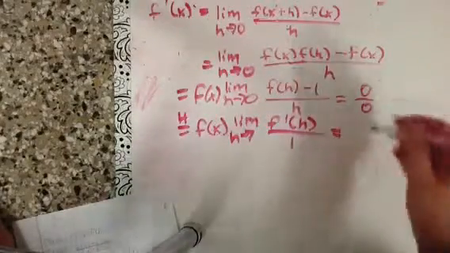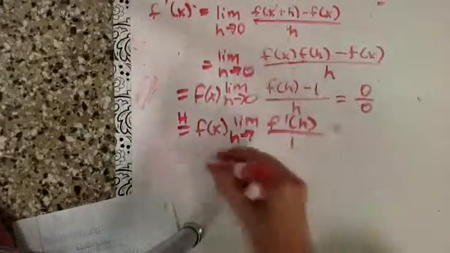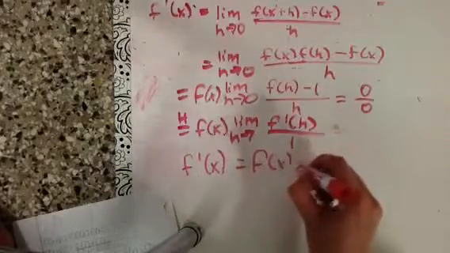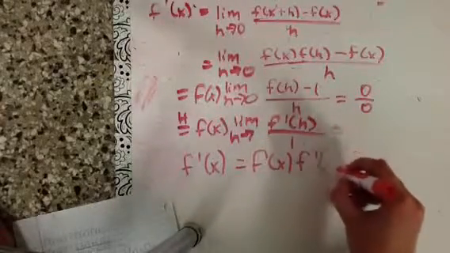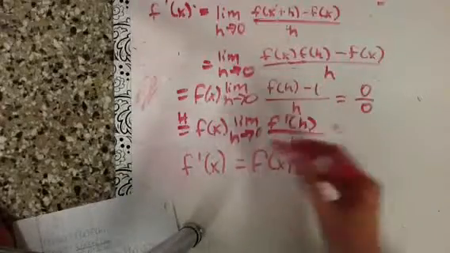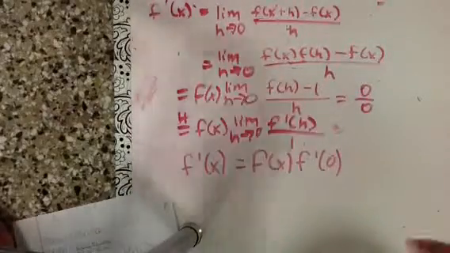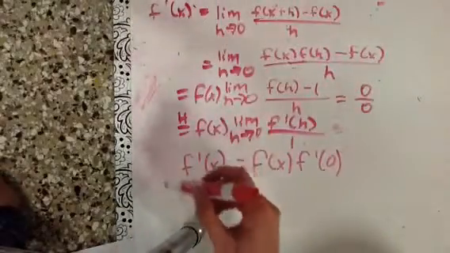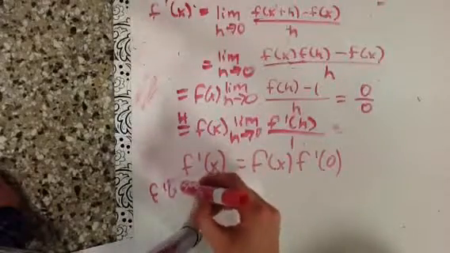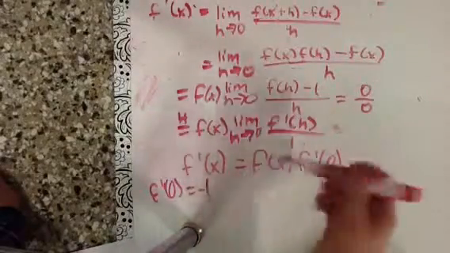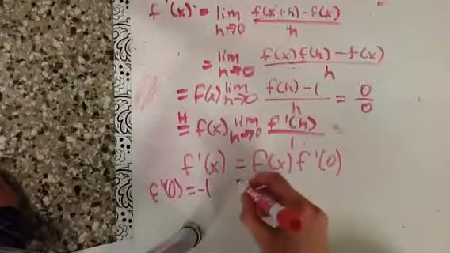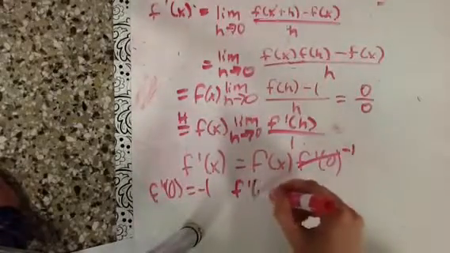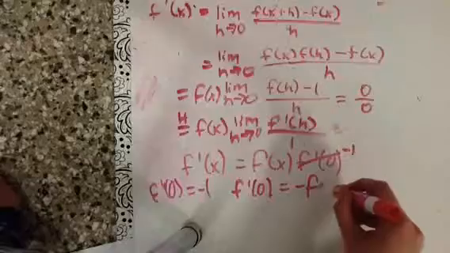So now we have f prime of x equals f of x times f prime of 0, because h is approaching 0 in this. Now, if you remember what we were given in the directions, f prime of 0 equals -1. So this is basically us multiplying by -1. So f prime of x equals negative f of x.